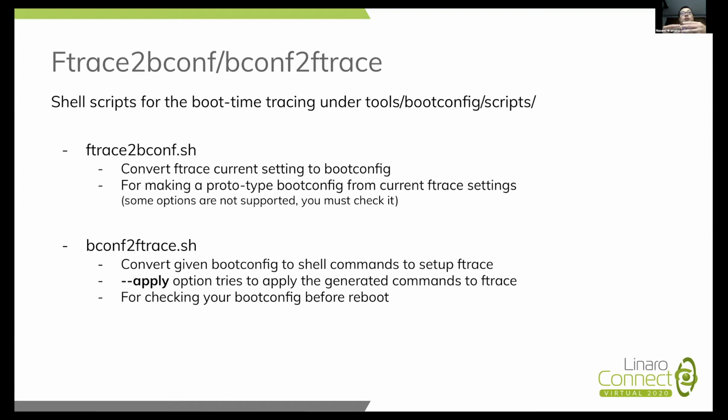And also bconf2ftrace.sh, which converts the given bootconfig file to an ftrace shell script, so that you can interactively set up ftrace and get the boot config from that by using ftrace2bconf. Or you can check that your boot config is correctly written by using this bconf2ftrace script.